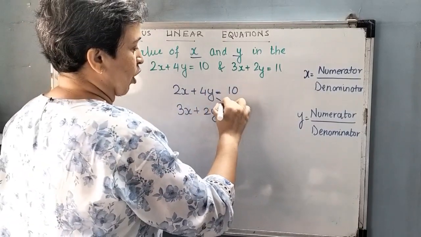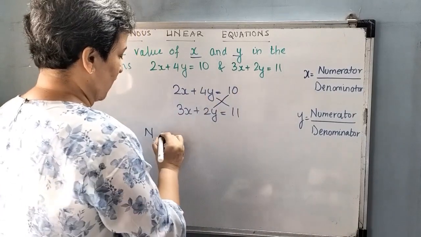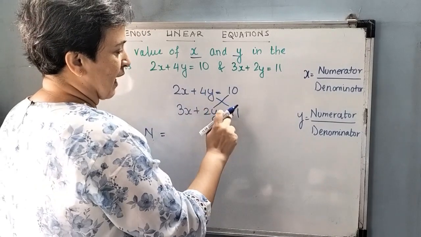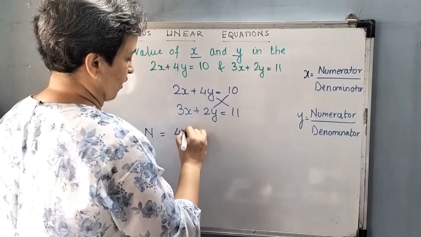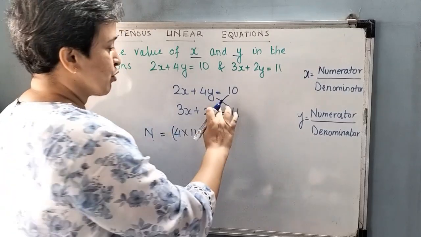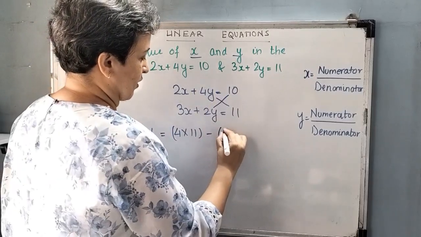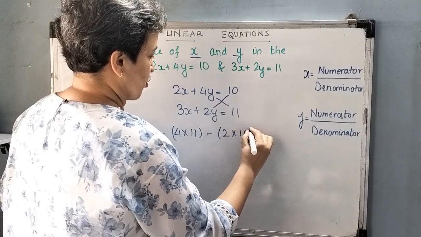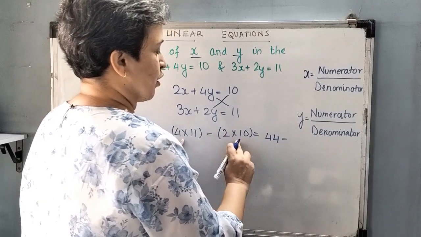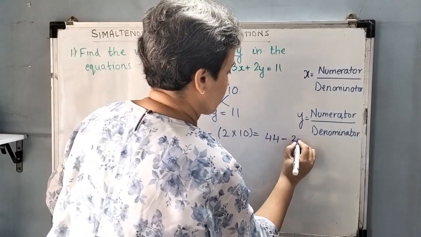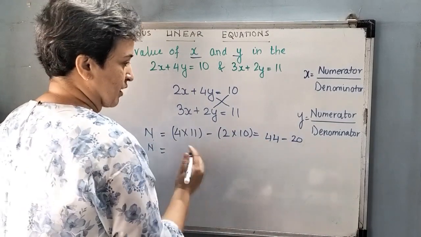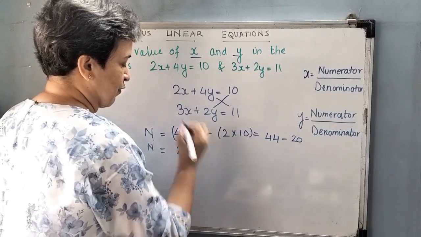So I put a cross sign, and to find the value of the numerator, I multiply 4 and 11 and subtract it from 2 multiplied by 10. So 4 into 11 gives me 44, minus 2 into 10 gives me 20. So the value of my numerator, 44 minus 20, gives me 24.